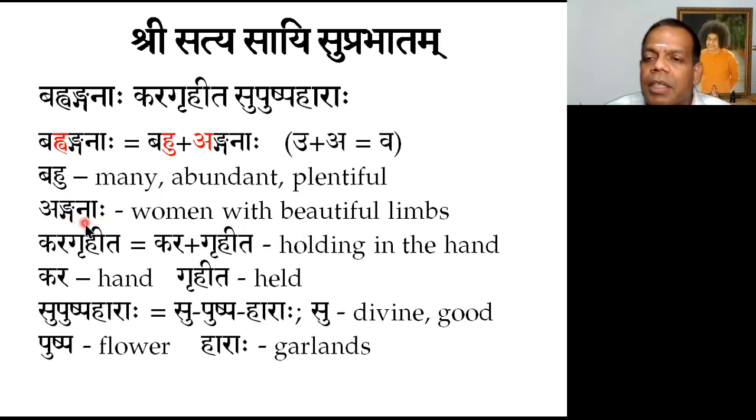Na also means curved limbs, which is another meaning. Women with beautiful limbs. So actually you can say just women. Rather than use any other word, Angana is used for someone who is beautiful with beautifully endowed limbs. There are many different meanings and levels of discussion, but we will look at a couple of them later. So Bahvangana means there are many women, you can say.